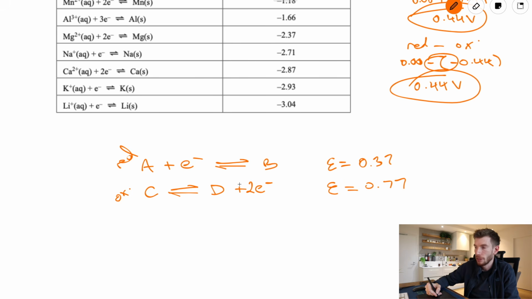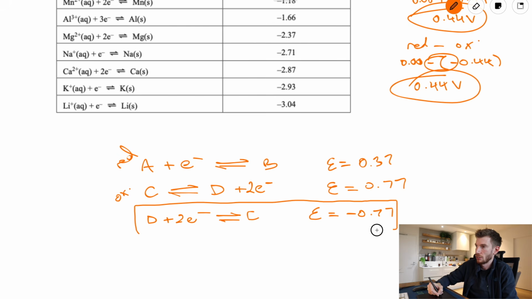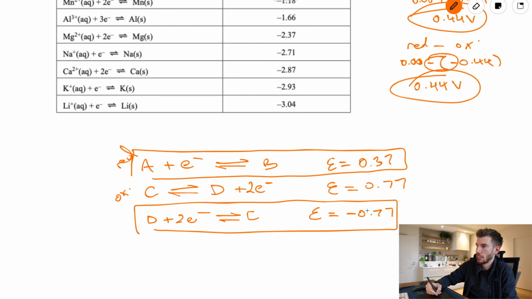So in order to rank them, they need to be written in reduction form. So this one needs to be reversed, the C and D one. So we would need to flip that around and put D plus 2 electrons into C, and then it would actually have a negative 0.77. And so in a series or in a table, that would sit below the reduction because its potential is below the potential of that one.